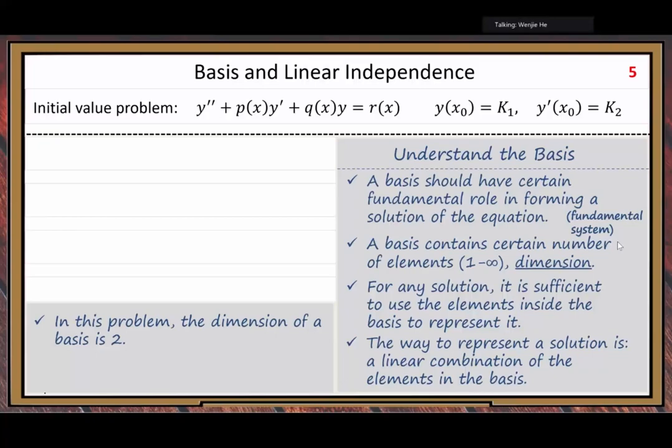The reason is we are working on a second order ODE. Second order ODE, 2 basis functions. Third order ODE, 3 basis functions, and so on. Nth order ODE, n basis functions. So here, second order, the dimension of the basis is 2. The 2 elements of the basis must be linearly independent.